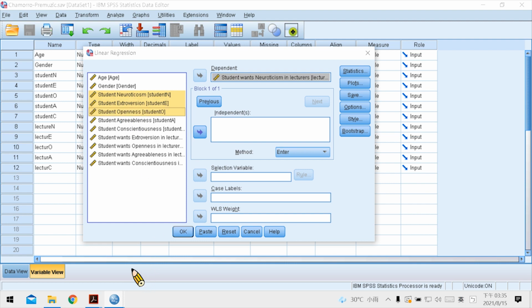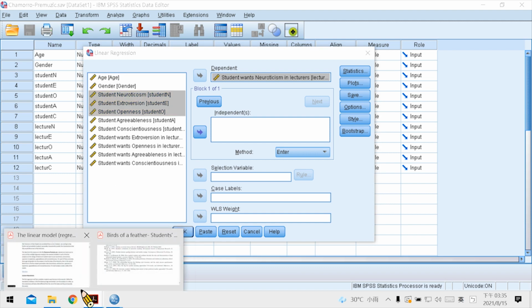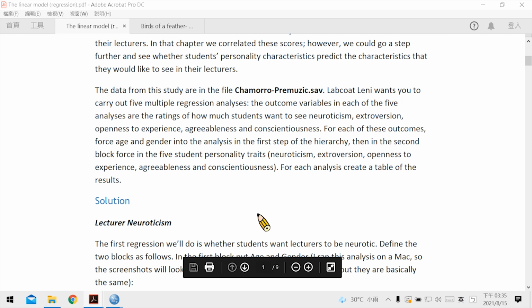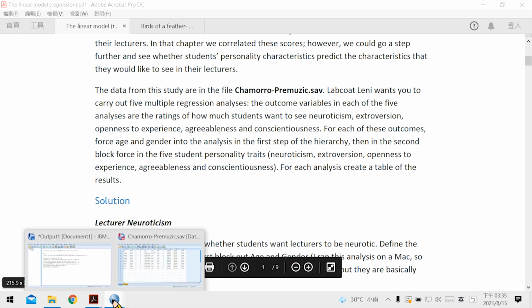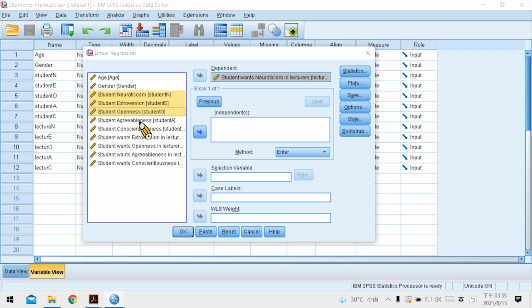That's 3 or 4 or 5. See, you see the question. We have the 5: neuroticism, extroversion, openness, agreeableness, and the conscientiousness. Okay, this 5.